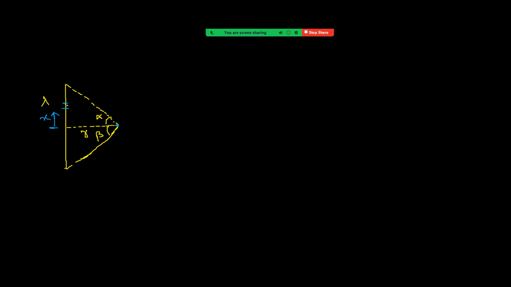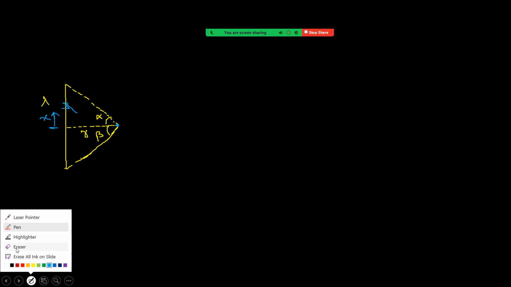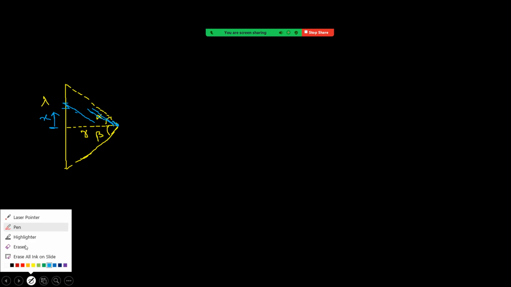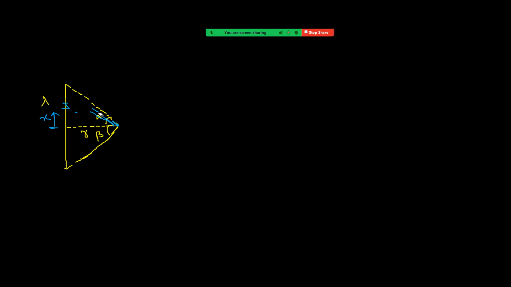And that force will be along the line joining them. See carefully. Just draw one line from there to there. So drawing one line, I join those 2 points. The diagram is not correct. Let me draw once again.